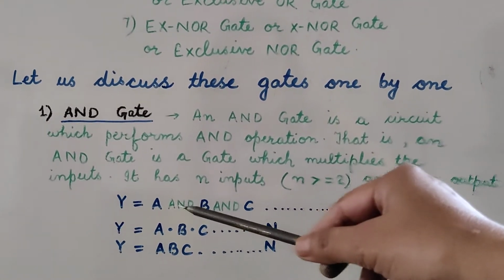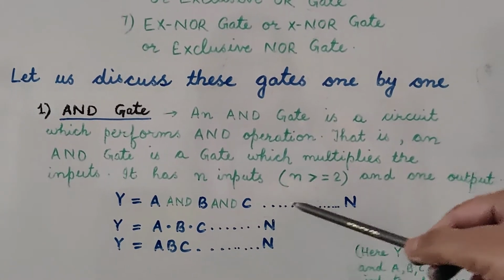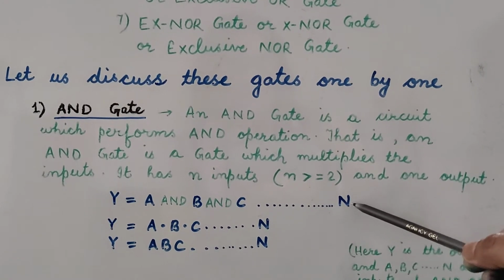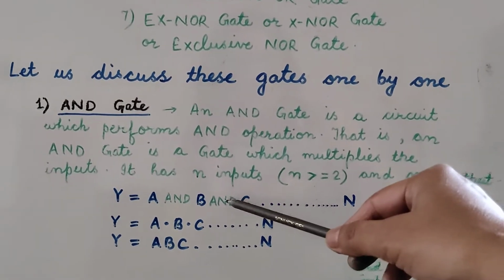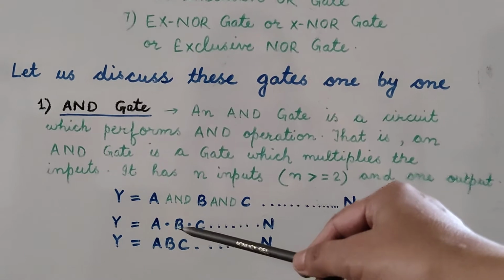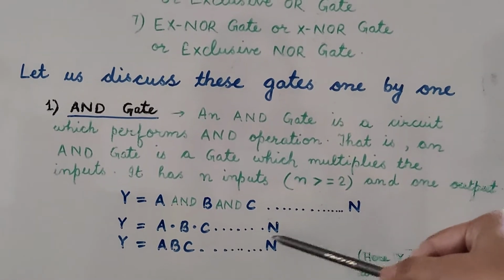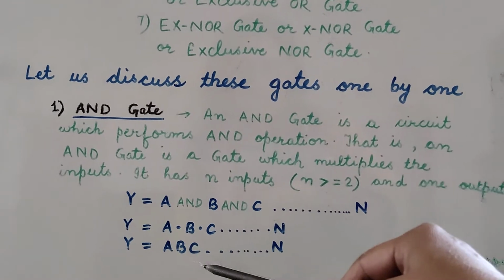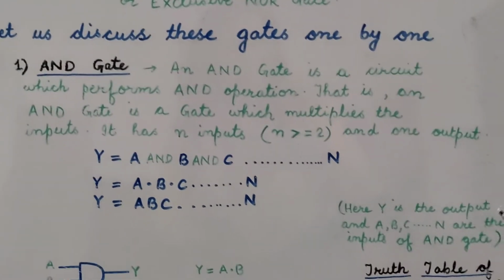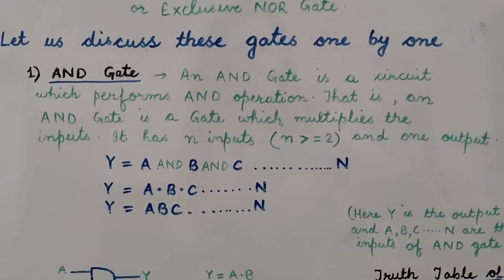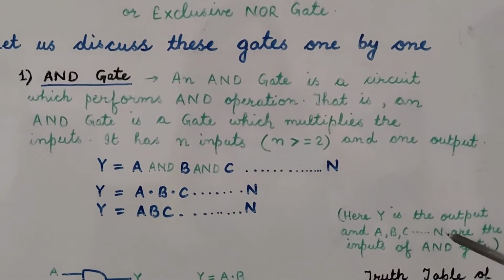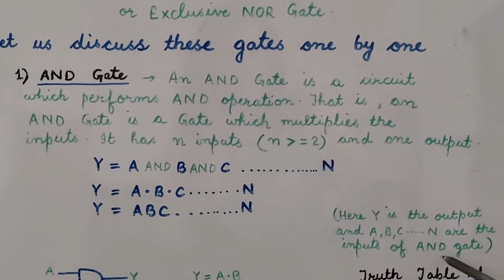And AND operation is actually multiplication operation. So this can be written as y is equal to a dot b dot c up to n, or simply y can be written as abc up to n. In this case, y is the output of the AND gate, and a, b, c up to n are the inputs of the AND gate.